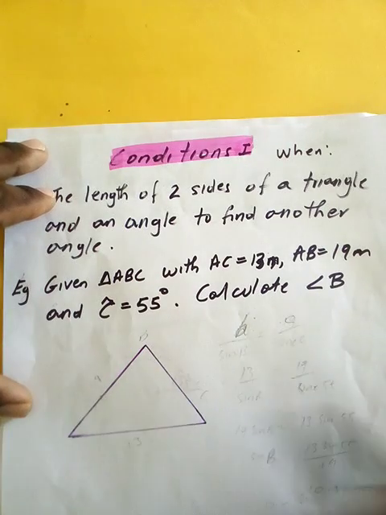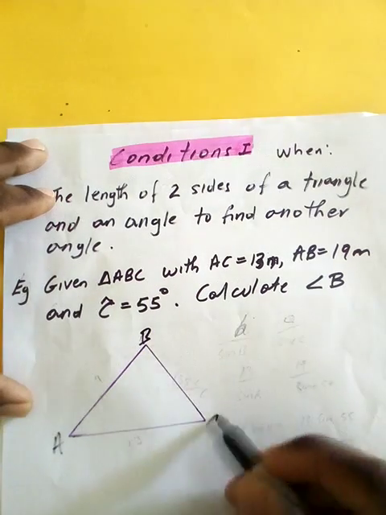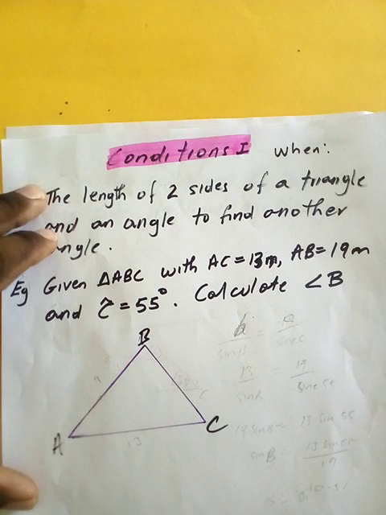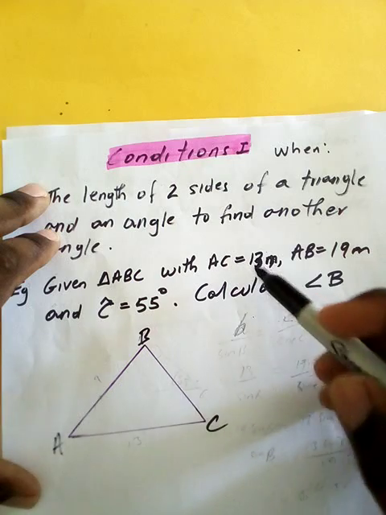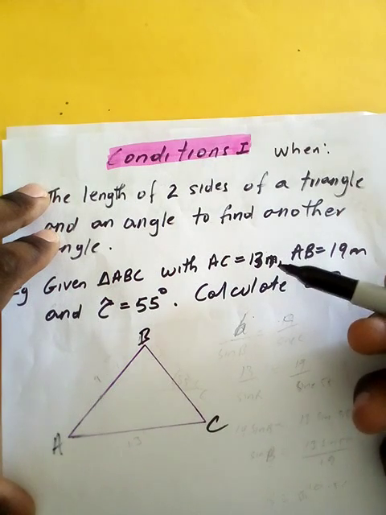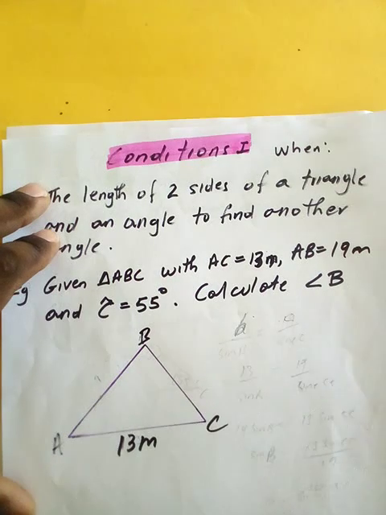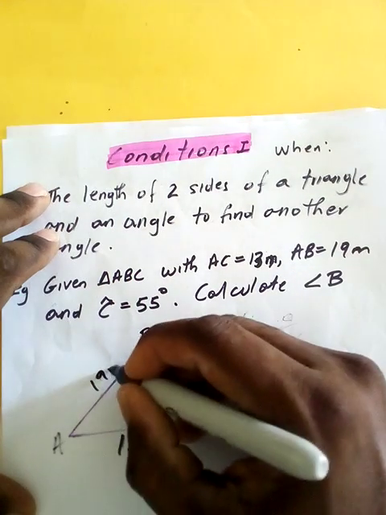First thing, let's label the triangle. I'm labeling it this way: capital A, B, and C. Sometimes they'll draw the triangle for you, and sometimes you have to draw it yourself, so you have to understand what to label. So AC, capital AC, that means the side, is 13 meters. And side AB is 19 meters.